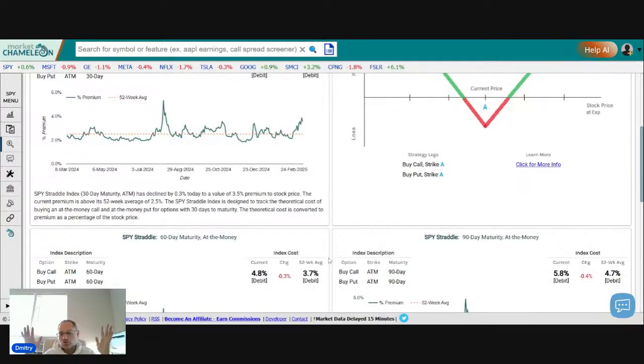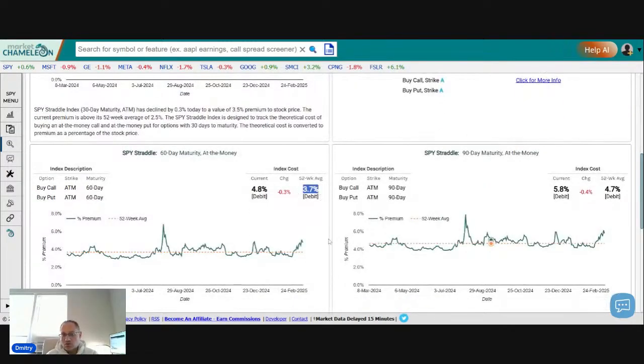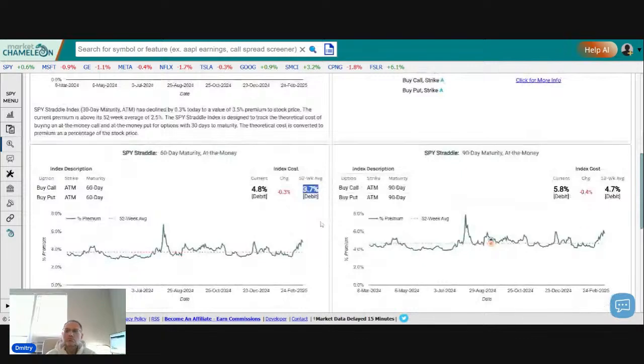So if we bought a straddle for $3.70 per $100 worth of stock, historically, in 30 days with 30 days to go, it'd be priced at $2.50. So we're looking at a potential loss of 1.2%, or $1.20.